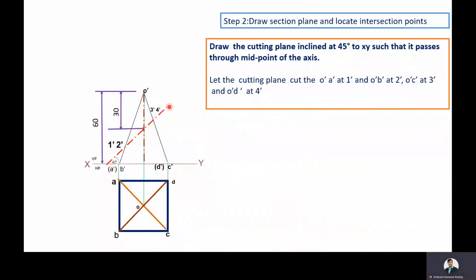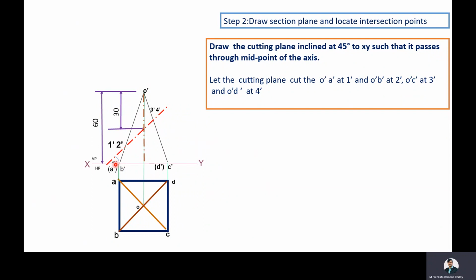With this section plane, we are cutting the square pyramid such that the top portion above the section plane region of the square pyramid is removed. Then the portion of the square pyramid below the section plane is retained, and that is to be used for the development purpose.